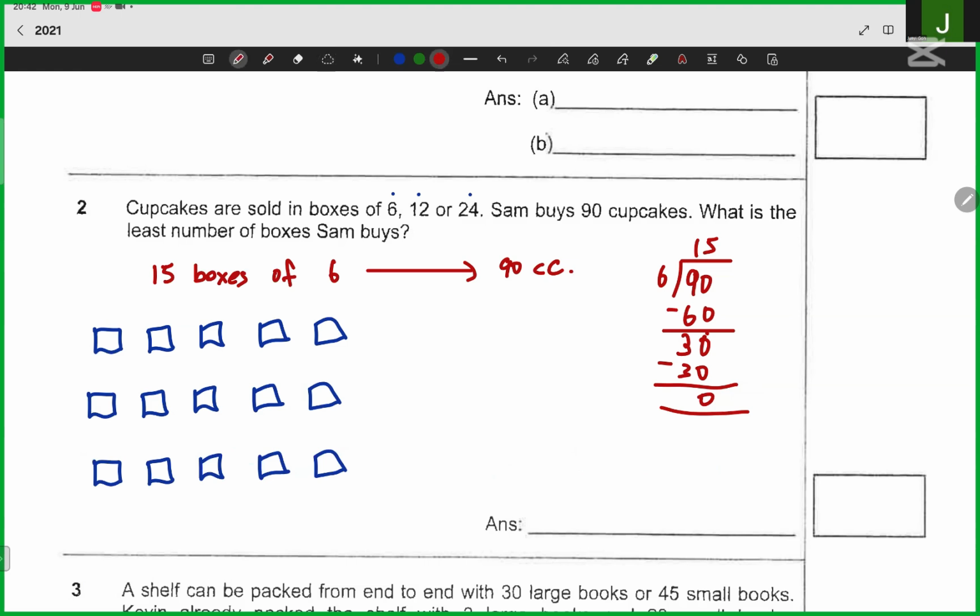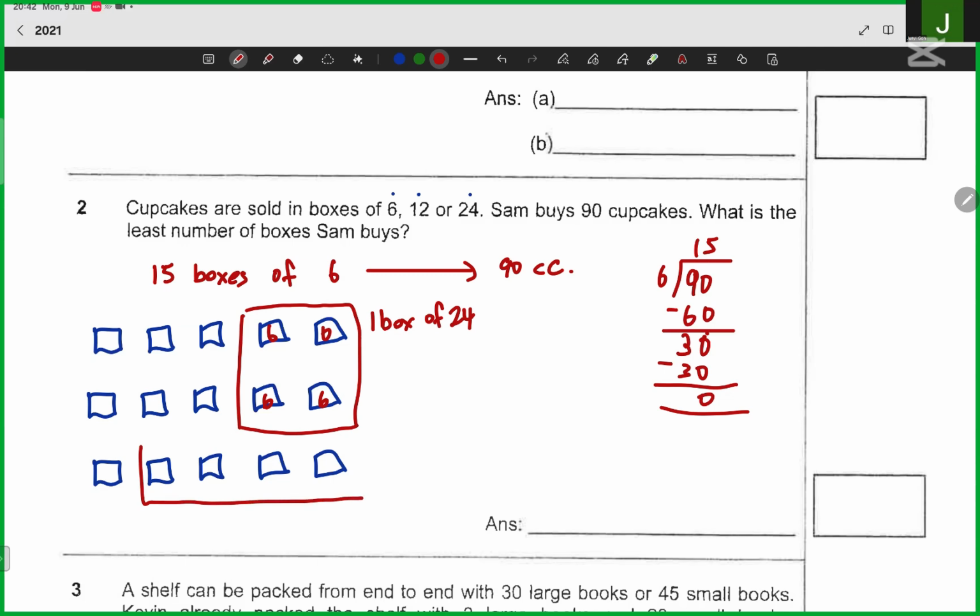I can do this and say that this will be one box of 24, because these are all 6. Same thing, this can be one box of 24, 2 boxes of 24, 3 boxes of 24. Then we are stuck down here.